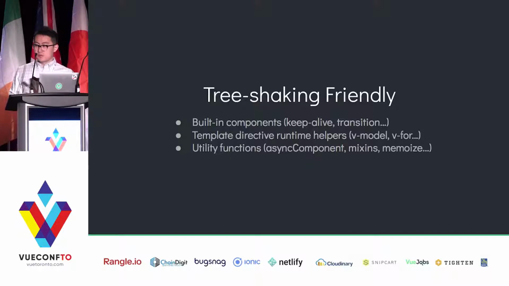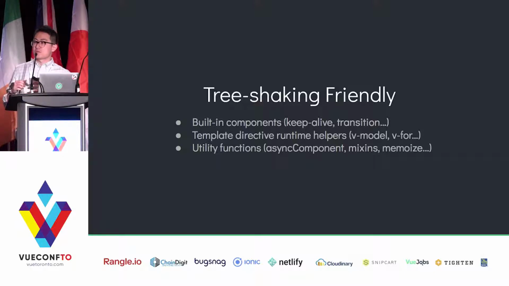This means built-in components like keep-alive, transition, and teleport, runtime helpers, and utility functions like creating async components, creating mixins, and memoizing static trees. All of these helpers will become functions that can be imported via ES module syntax, and if you don't import them, a lot of them can be tree-shaken.